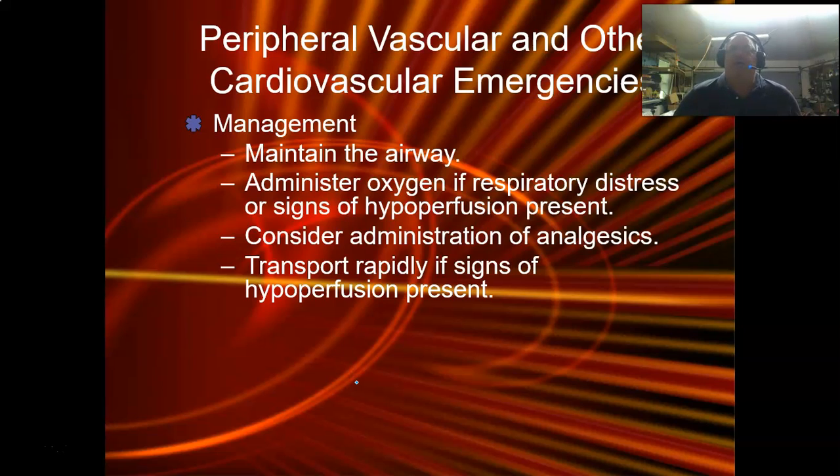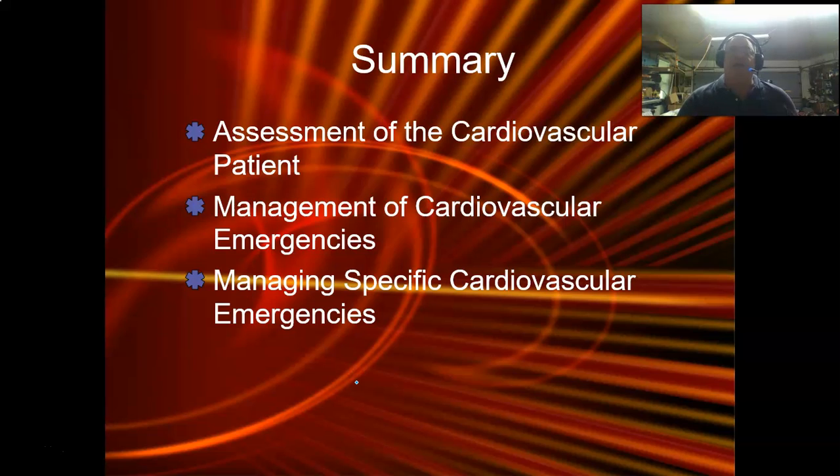Transport to the appropriate facility if they're in severe pain, which could happen because of a blockage. Consider your use of analgesics, and transport rapidly if you've got a sign of hypoperfusion. The DVT patient with the nice cold, swollen leg needs to get to the hospital pronto so that the surgeon can reestablish some blood flow to the leg.